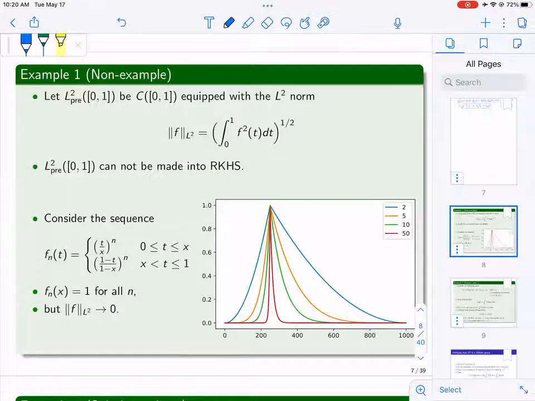The completion is unique in a sense, so you can complete it with respect to this inner product, and then ask whether the resulting function space is an RKHS. The completion is L2 of 0, 1 because this space is dense in L2. So, can we do L2?